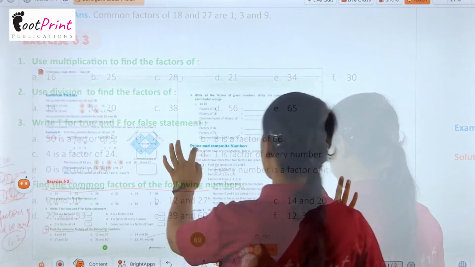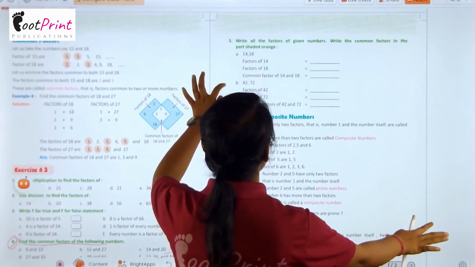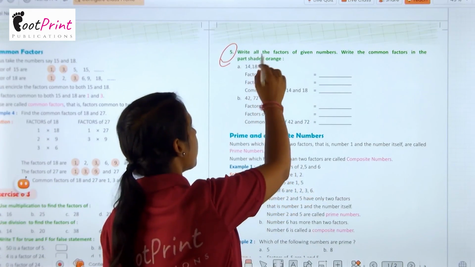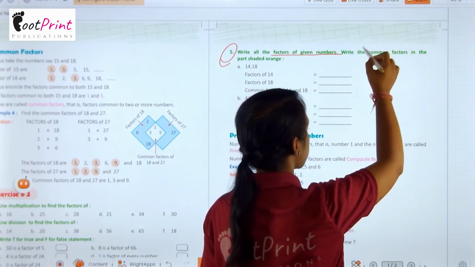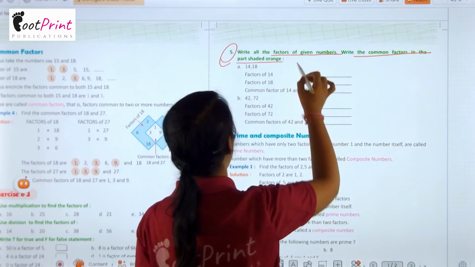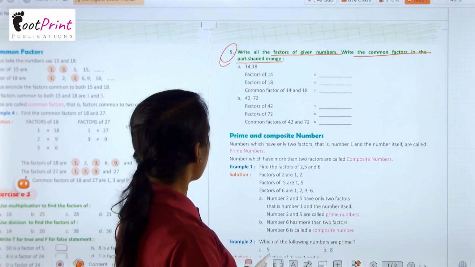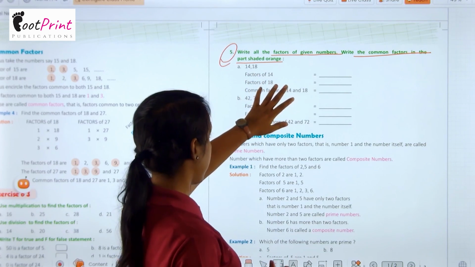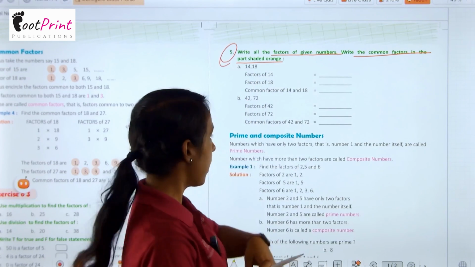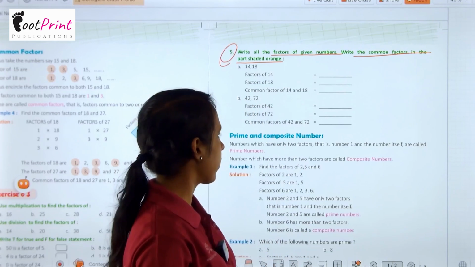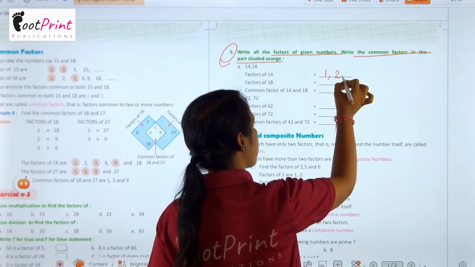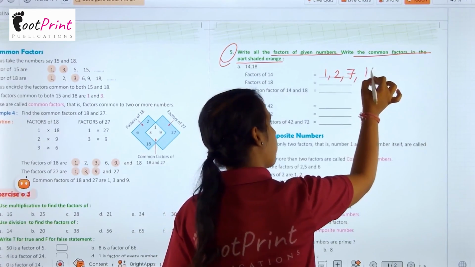Okay. Now we will move to the next question. That is question number 5: write all the factors of the given numbers. Write the common factors in the part shaded orange. So we have to find out the factors of 14 and the factors of 18. Then we have to write the common factors of both of them. So factors of 14 are 1, 2, 7 and 14.